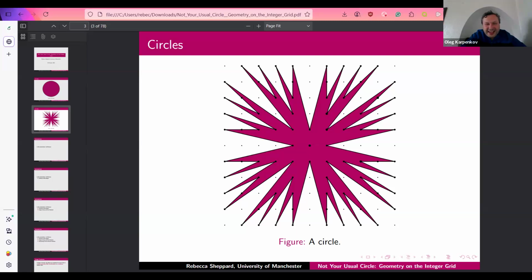So, to say even more, James Dolan, who is also here, and I have a paper on classification of n-gons via continued fractions, and there we have already used one of the versions of curvature.